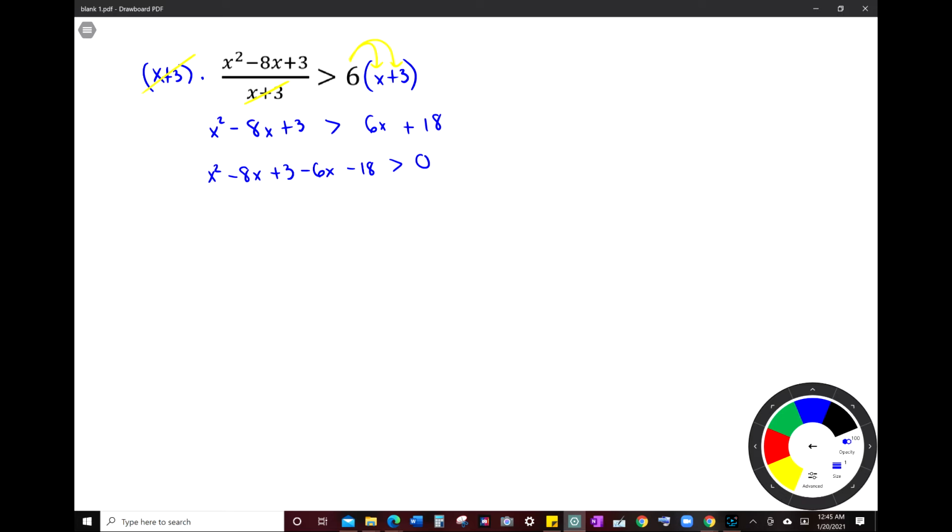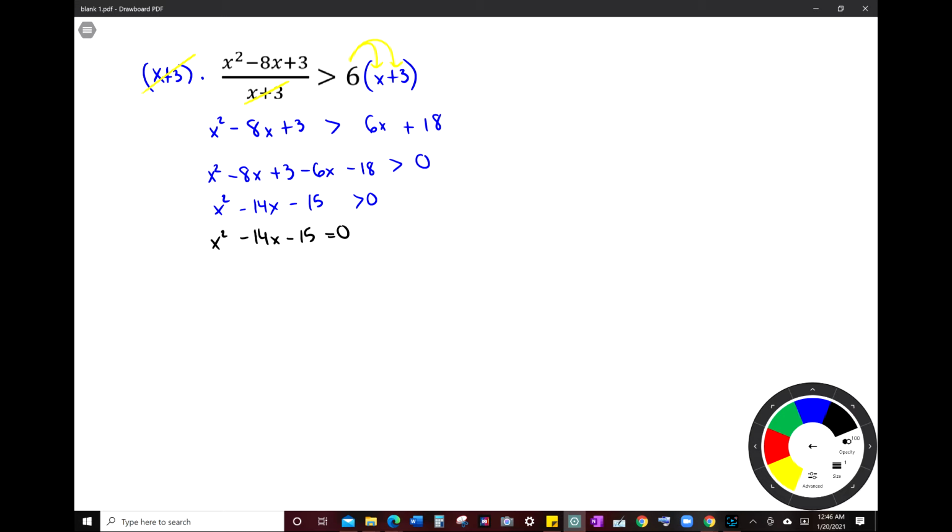And I just try to combine like terms. So I have x squared minus 14x minus 15 greater than 0. And at this step, I will treat it like an equation. Okay. So then I would have x squared minus 14x minus 15 equals 0 to make it easier for myself.